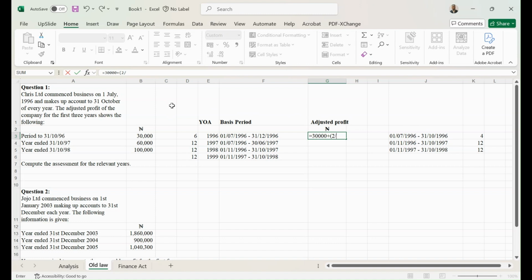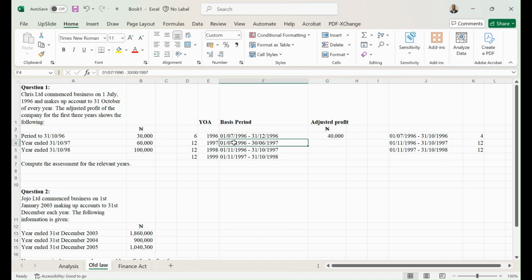So I'll say 2 divided by 12 multiplied by 60,000. That would give me 40,000. Okay, that is straightforward. You can look at the formula again: 30,000, which is the first 4 months, plus the remaining 2 months, which is 2 by 12 times 60,000 in the second one.